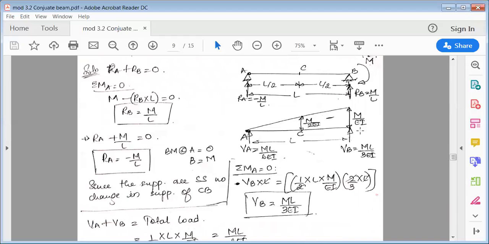Once you draw this diagram, the next thing is we are going to find VA and VB. Now check this out.